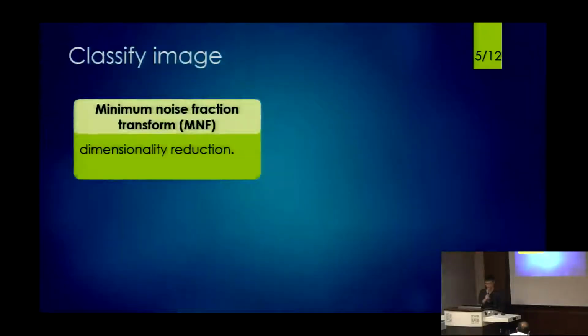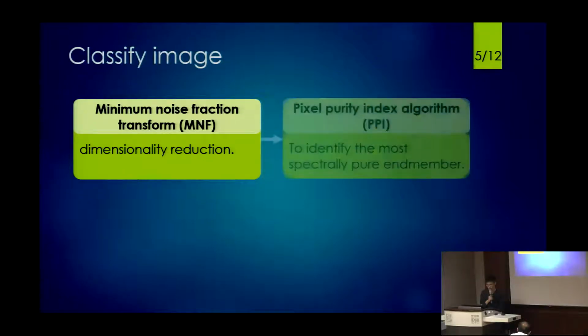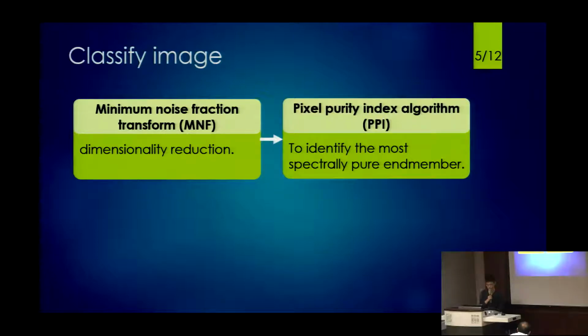First, they do the minimum noise fraction. It can reduce the dimension, because Landsat 8 has 11 bands, and in this research they use seven bands. And the next is the pixel purity index algorithm.